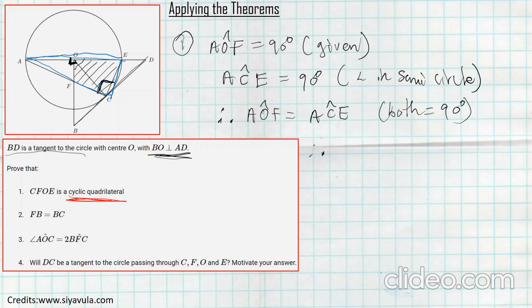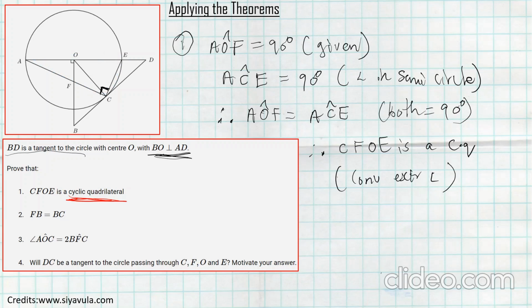Therefore we can conclude that CFOE is a cyclic quad, by the converse exterior angle theorem. We know that if an exterior angle is equal to the opposite interior angle, we can deduce there's a circle within that quad. In other words, it's a cyclic quad.